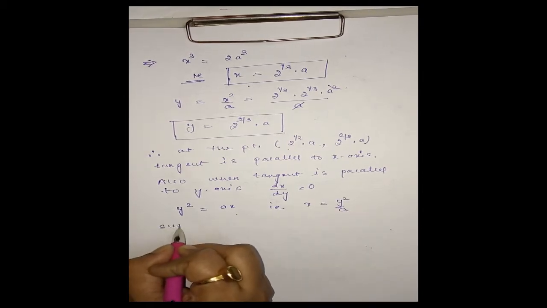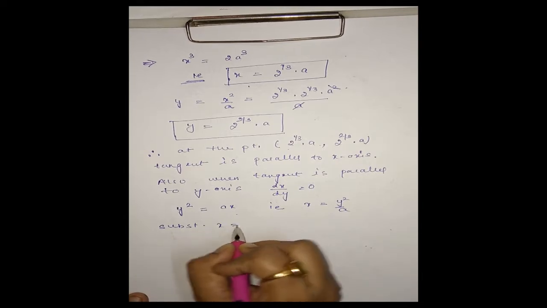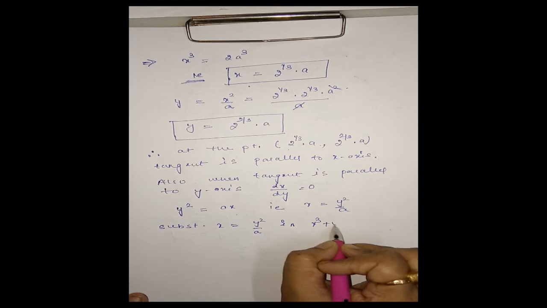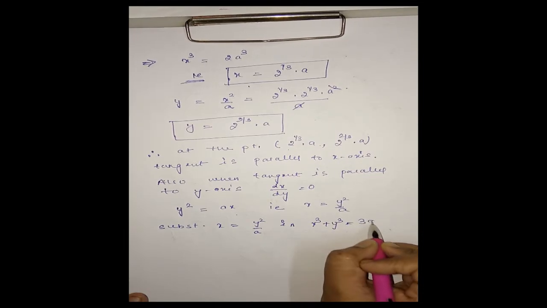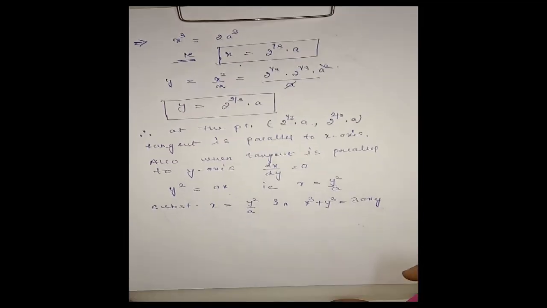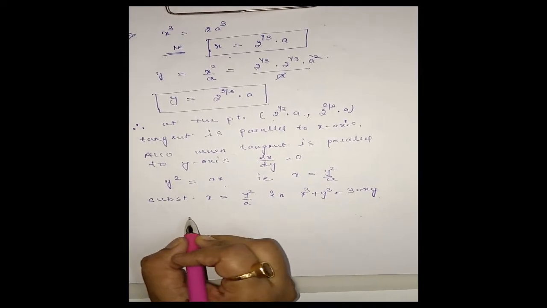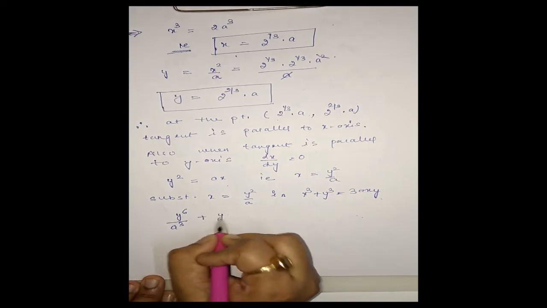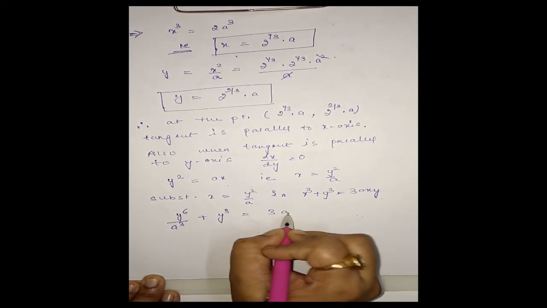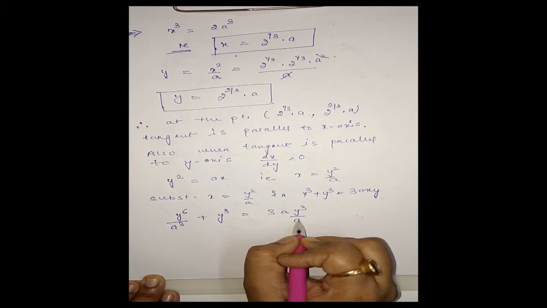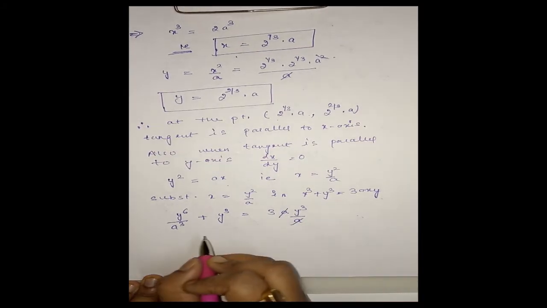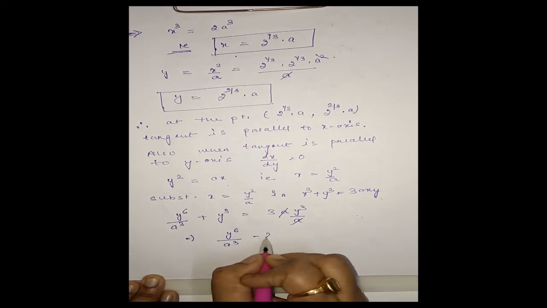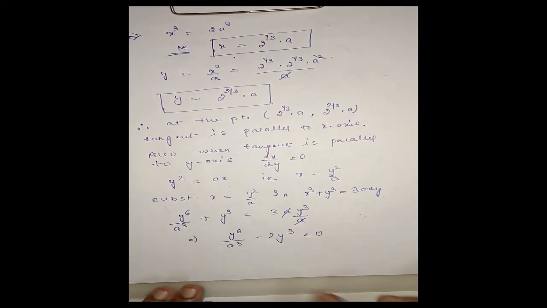Now substituting x = y²/a in x³ + y³ = 3axy will give us y⁶/a³ + y³ = 3a y³/a. That is y⁶/a³ - 2y³ = 0.